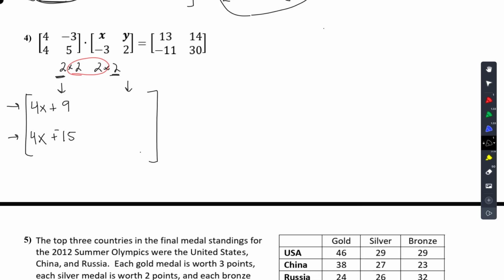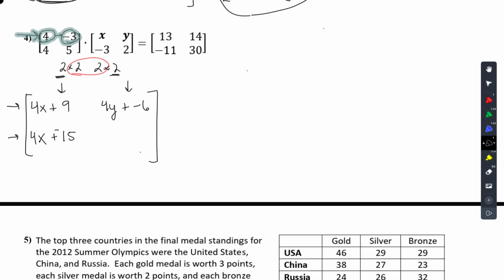Then, for this number over here, I'm doing first row, second column, because that's where that number is going. I'm doing the first number in the first row times the first number in the column, so 4y. Then I go down the row, down the column: -3 times 2, so -6.